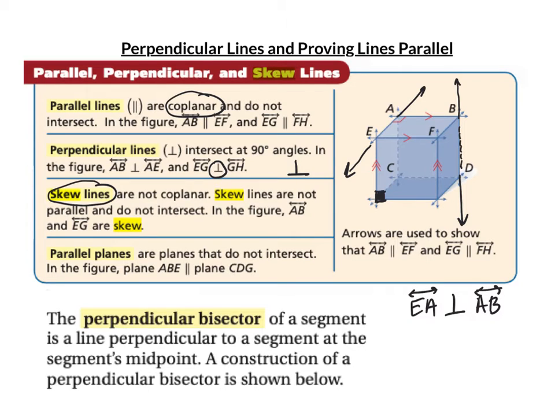This shape looks a lot like a cube, and in a cube, the edge lines always meet at a right angle. So parallel lines never intersect. They're in the same plane. Parallel planes are just two planes that don't intersect.